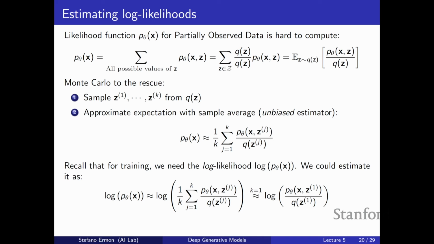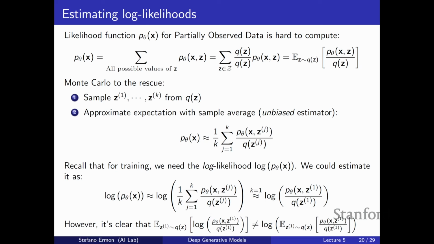For example, if you were to choose a single sample, so if k here is 1, so you just sample a single possible completion, and then you evaluate that estimator, it's just the ratio of the two probabilities. You can see that this is no longer unbiased. The expectation of the log is not the same as the log of the expectation.